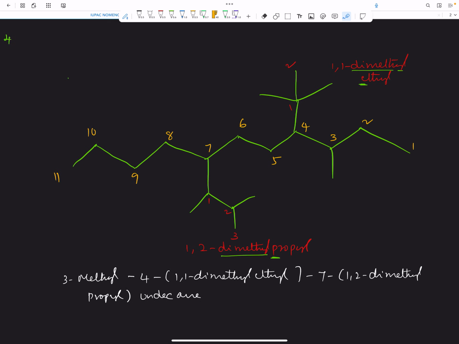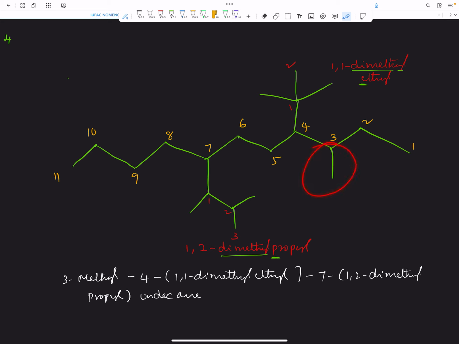Consider this example. Here, this is the longest carbon chain. Please note that you should copy each molecule and try to find out various carbon chains and then again do practice. Here the numbering is done to get the lowest locant.